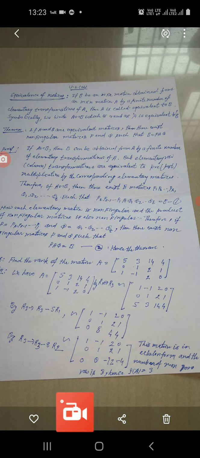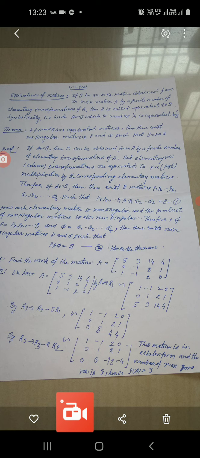Now we know that each elementary matrix is non-singular and the product of non-singular matrices is also non-singular. Therefore, if P is equal to PS minus 1 up to P1 and Q is equal to Q1, Q2 up to QT, then there exist non-singular matrices P and Q such that PAQ is equal to B, and let it be equation number 2, and hence the theorem.